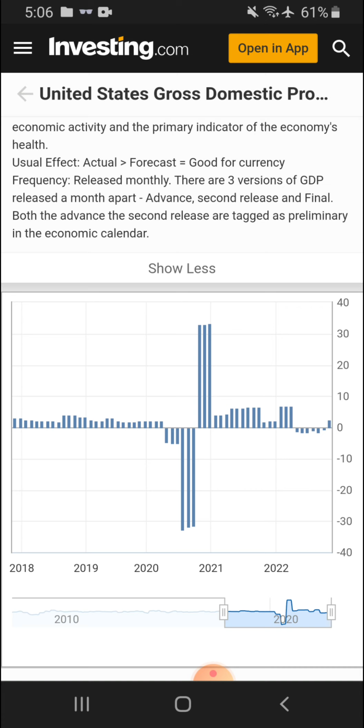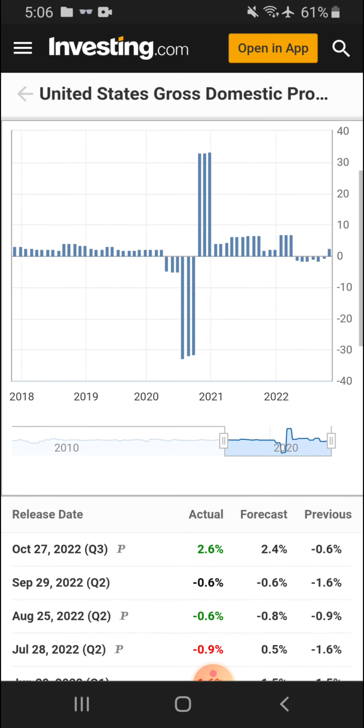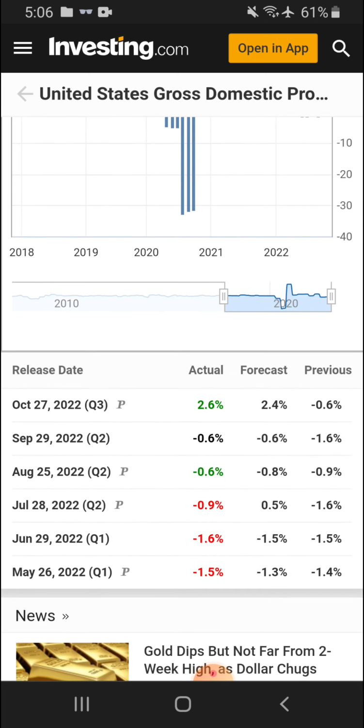So it looks like inflation definitely has been going down since 2021, 2022. It's also been going down slowly. We had a release date of October 27, 2.6%.